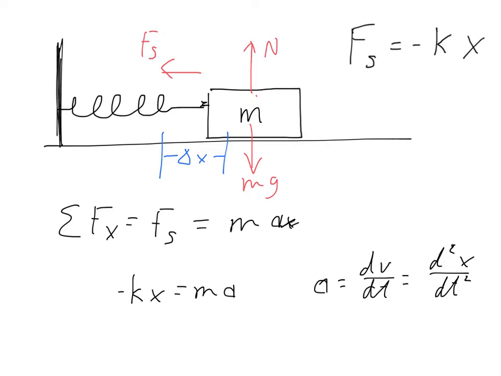I'm also going to introduce a bit of notation that you may have seen in other cases, where I have these little dots above x. Each of those dots means a derivative with respect to time. So acceleration is equal to 2 time derivatives. Another way of writing this is minus kx is equal to mass times x double dot. So that's a differential equation. We're going to need to find a way to solve it.